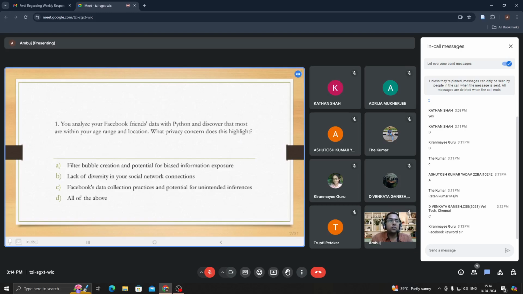Facebook often provides you suggestions of friends. This question is a very practical question which I have framed for you. You will not find it so readily. I just wanted to ask why options A and B won't be correct according to you, not necessarily.